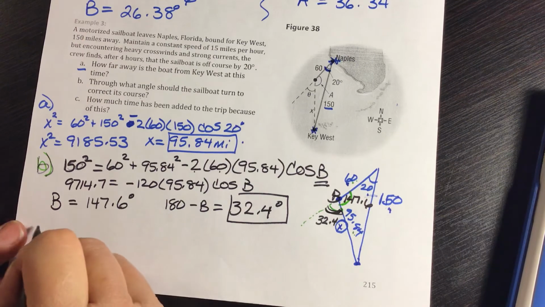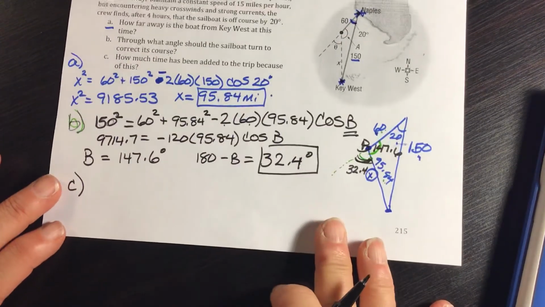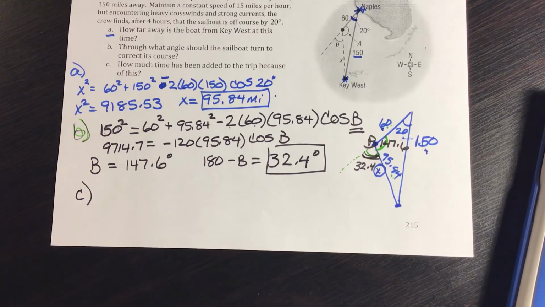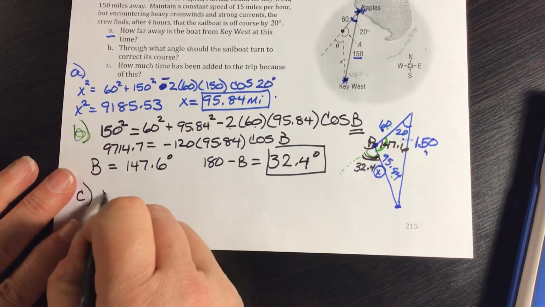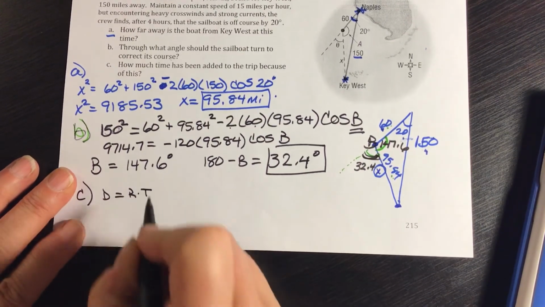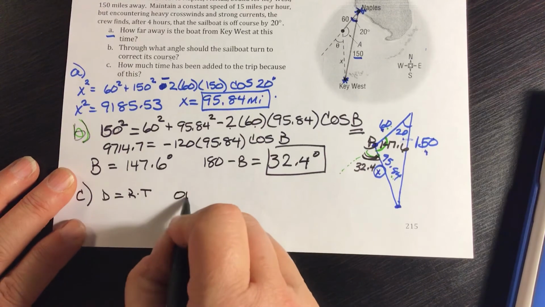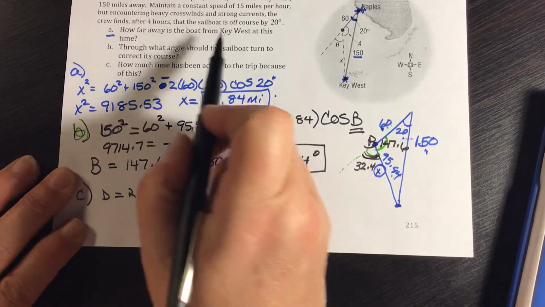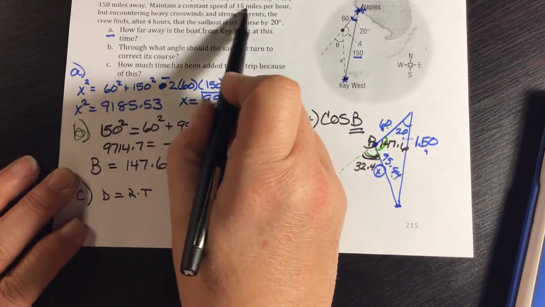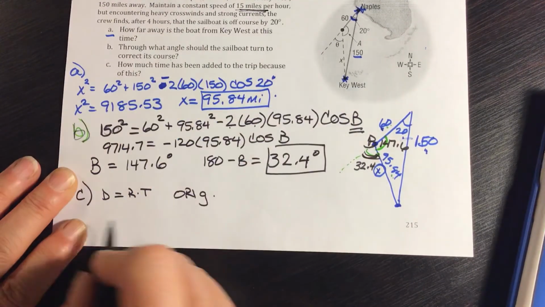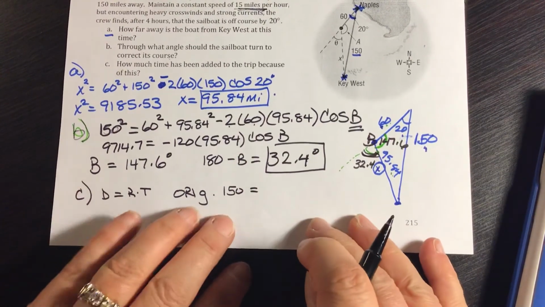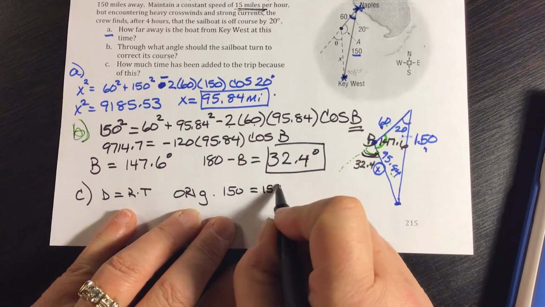And in part C, it wants to know how much time has been added to the trip because of this going off course. Now, if we think about it, we have distance equals rate times time. Now, originally, they were going to go 150 miles, and it says 15 miles per hour. So 150 is the distance, and then the rate was 15 times t.